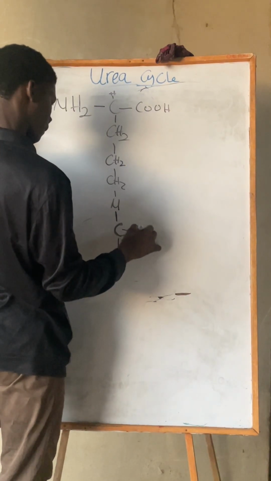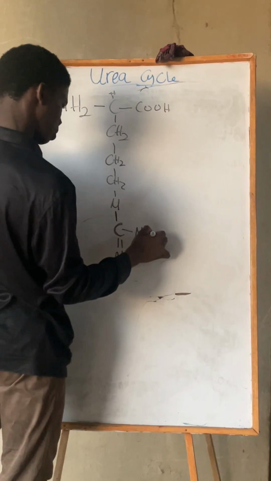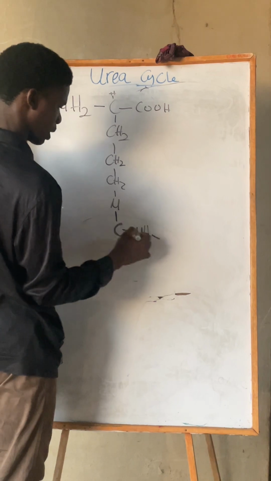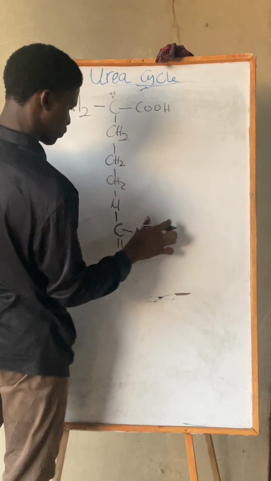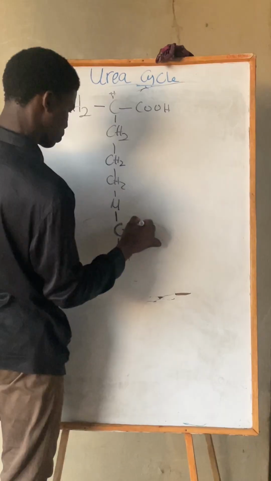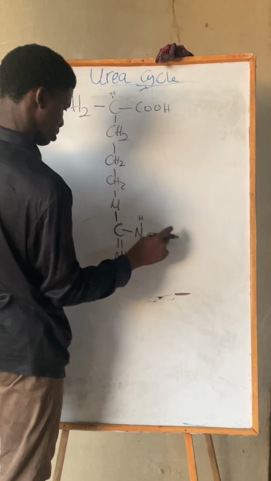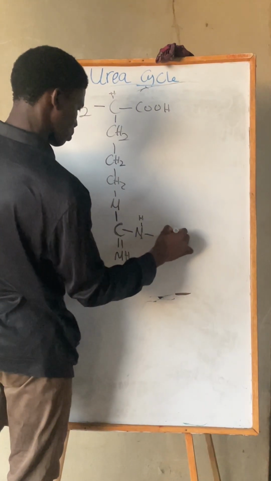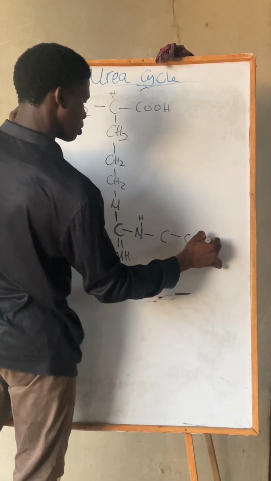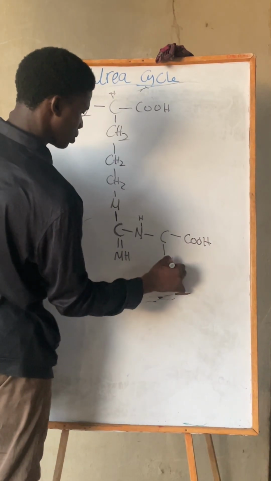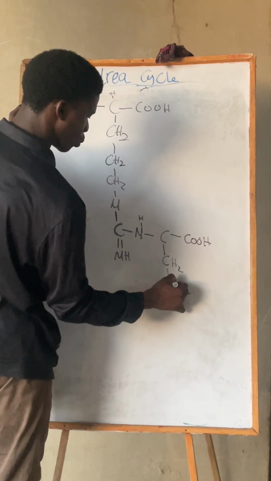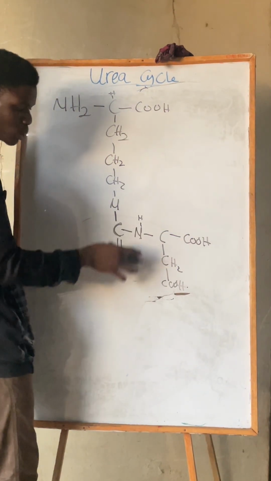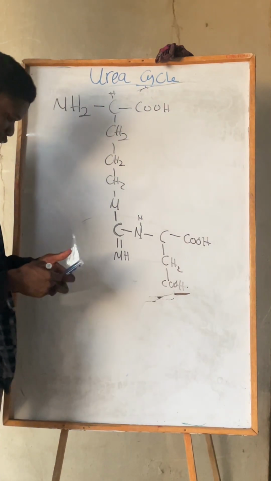And because this carbon is supposed to have three bonds, one bond from here, one bond from hydrogen, and one bond from succinate. Let me write the hydrogen here so that you can see it. The next one is succinate, okay. Carbon, COOH, carbon, which is CH2, COOH. So don't get it confused. If it were NH3 before, NH2 before, just check the bond and balance it. Are you with me? I hope you understand that.